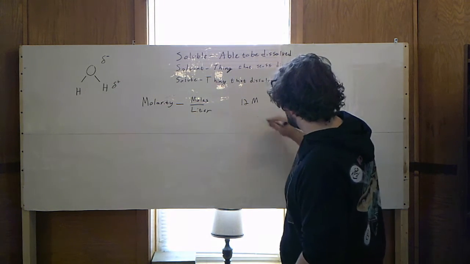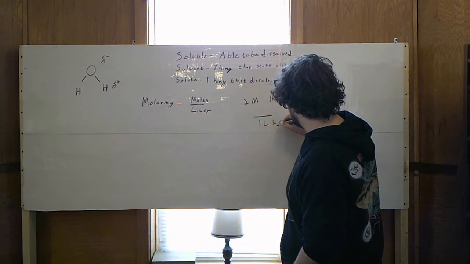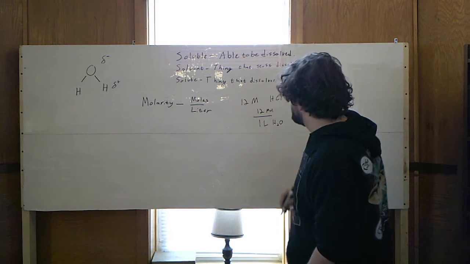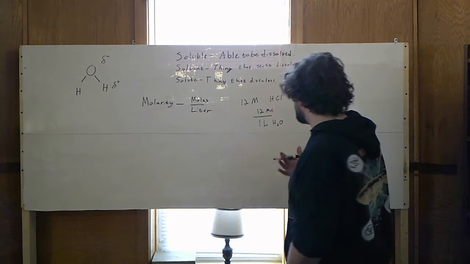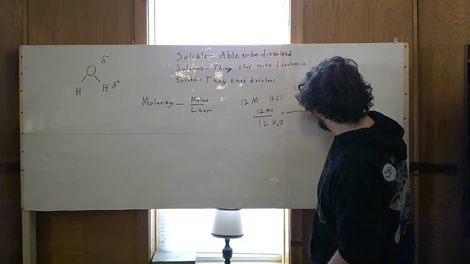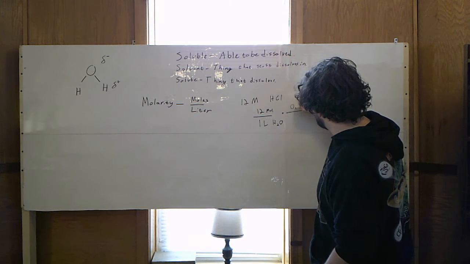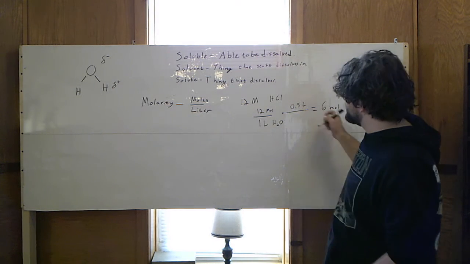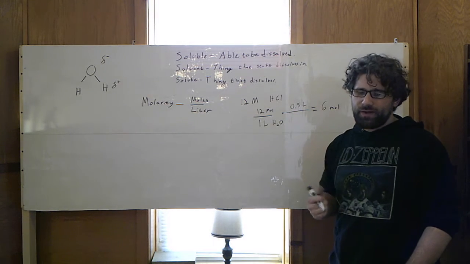All that means is for every 1 liter of H2O, I have 12 moles. That is so convenient, because all I really need to do at that point is go, okay, how much liquid do I have? If I poured out 500 milliliters, then I'm just going to multiply this by 0.5 liters, and that'll tell me I've got 6 moles. I'll have 6 moles of HCl. That is so ridiculously easy to keep track of.